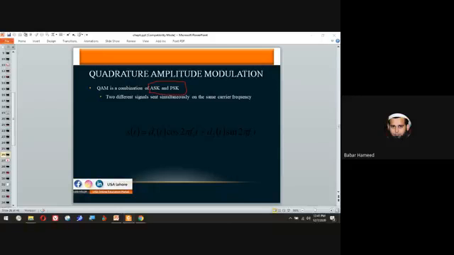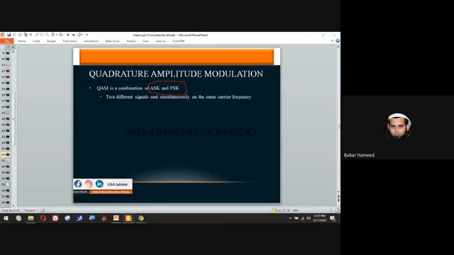QAM takes advantage of the fact that it is possible to send two different signals simultaneously on the same carrier frequency by using two copies of the carrier frequency, one shifted by 90 degrees with respect to the other. For quadrature amplitude modulation, each carrier is amplitude shift keying modulated.